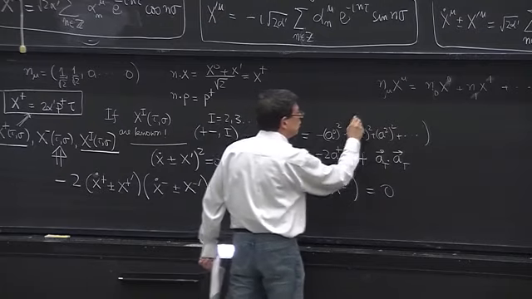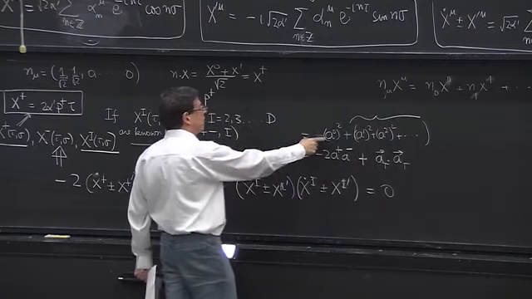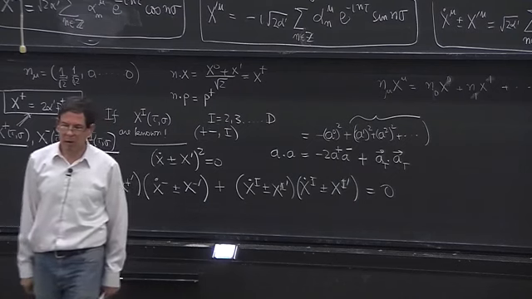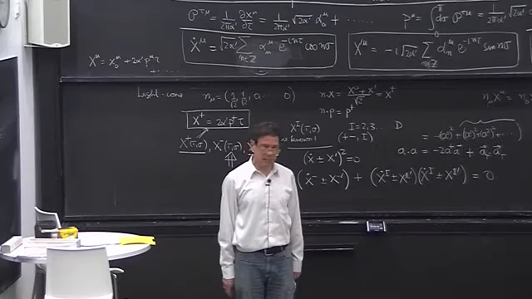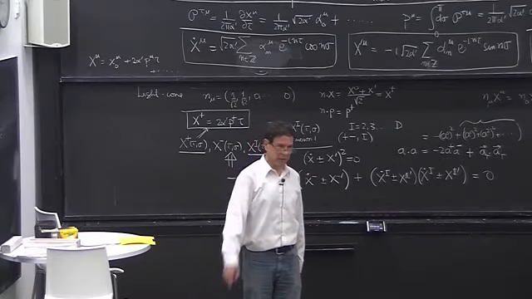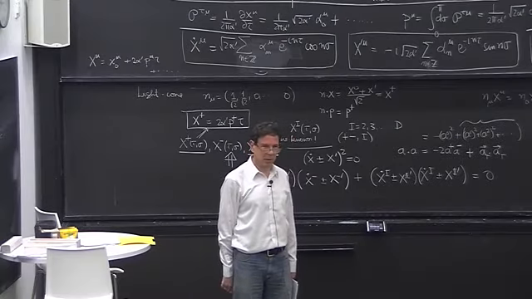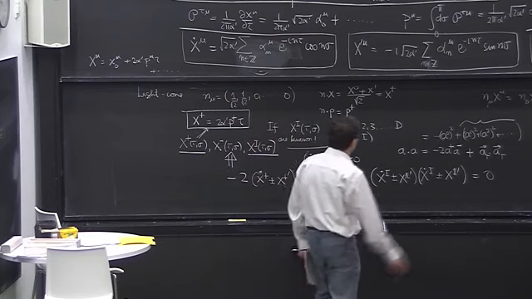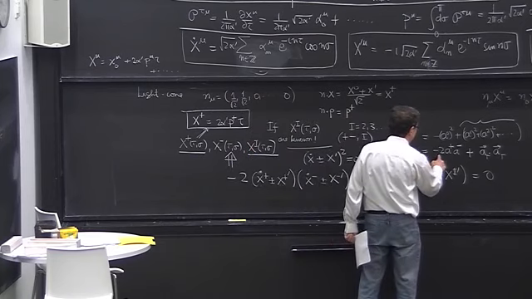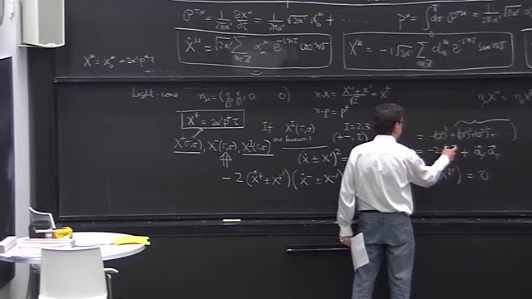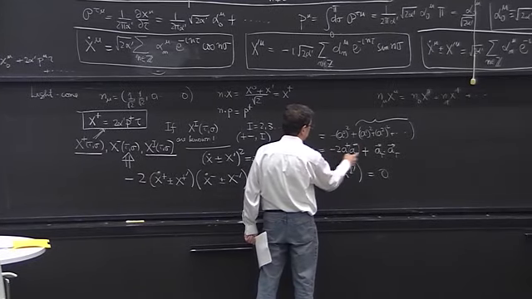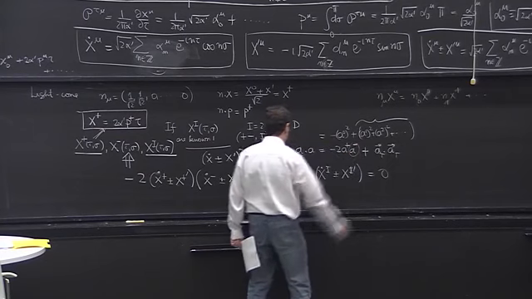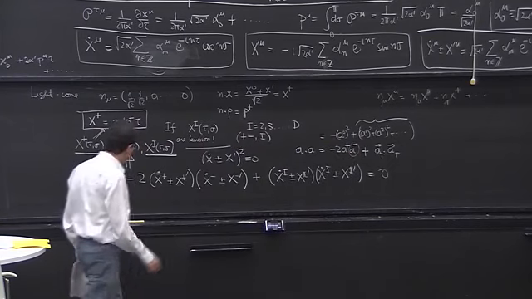Now suppose you knew this and you wanted to find a0, you would have to take a square root. And square root and quantization are not friends. It's complicated. On the other hand, here is a product of different things. So if you want to solve for a minus, you just get this and no square root.